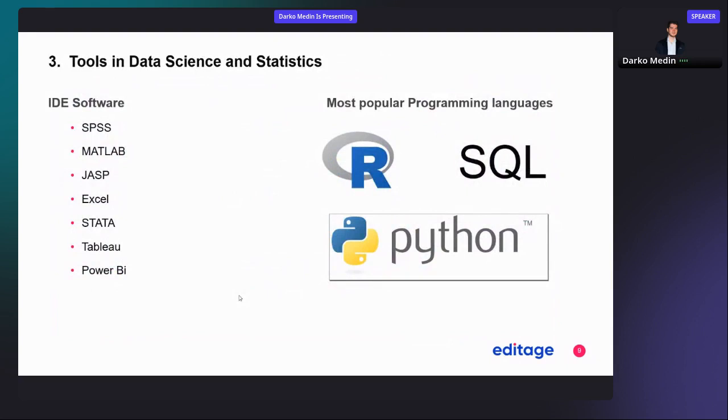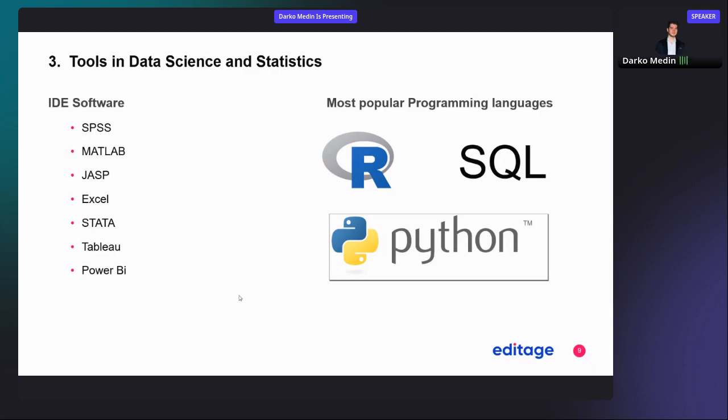Now, when I say tools, I mentioned before that programming languages are used, but there are also different types of software, which are sometimes called integrated development environments. Sometimes they're called just programs, just software, depending on the terms used.